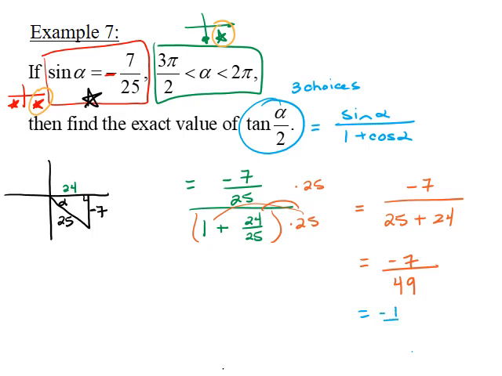So I end up with a negative 1/7. Now, it is wise to analyze why this answer is negative. If I'm looking for a value of tangent in the 4th quadrant, I know that tangent is negative in the 4th quadrant. So I'm good to go.